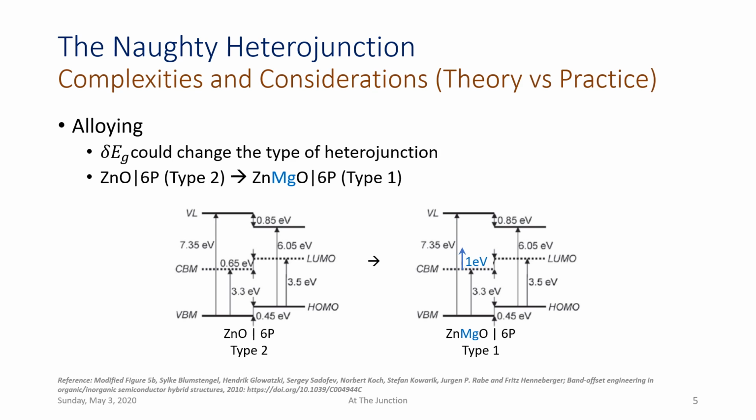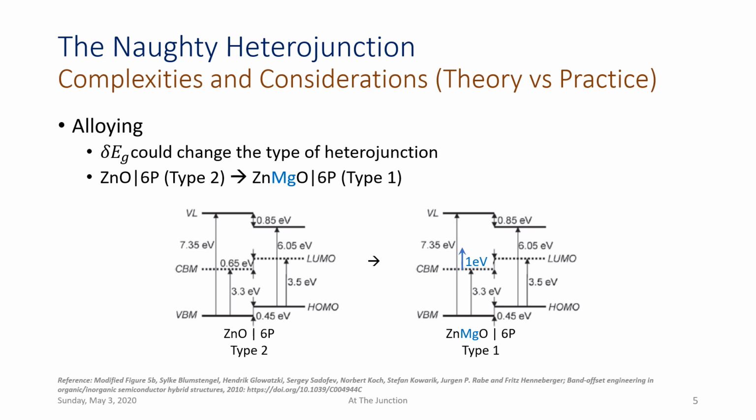And you can see that when magnesium is added to zinc oxide, the band gap increases by 1 electron volt, and it is entirely the conduction band that moves up. Now, if the conduction band moves up by 1 electron volt, it means that the zinc oxide heterojunction with 6P has moved from type 2 to a zinc magnesium oxide heterojunction with 6P, which is a type 1 heterojunction.